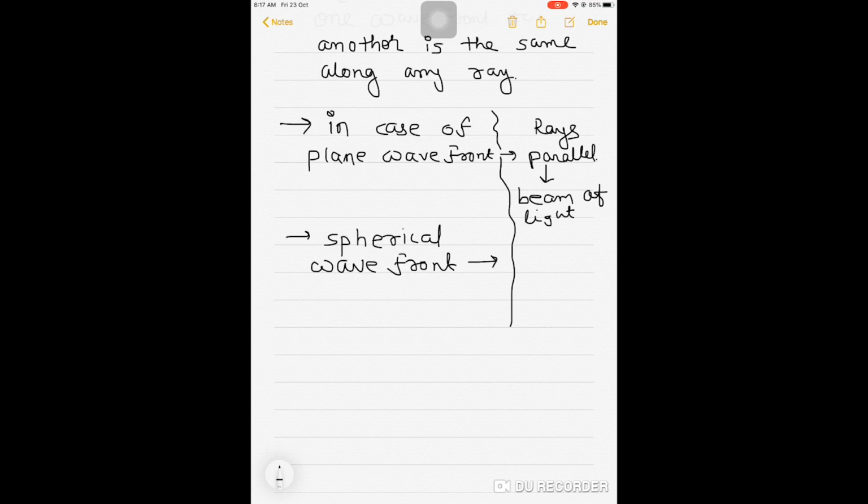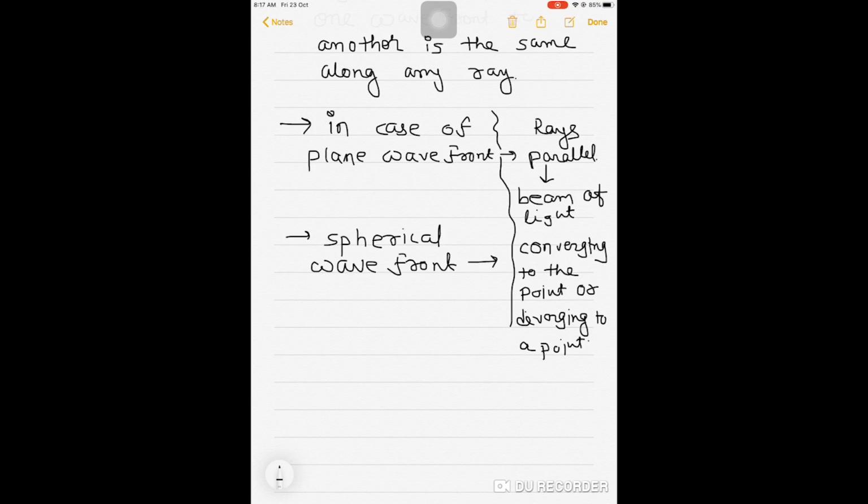So that can be converging to the point or diverging from a point. So these are the basic examples that we can say of how they behave.